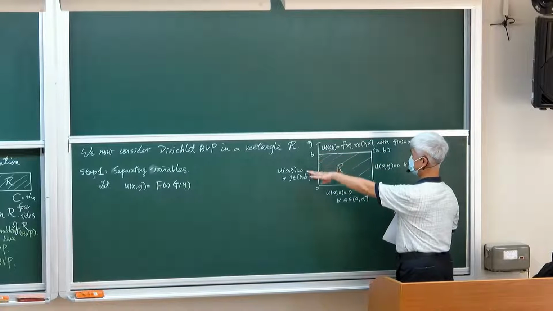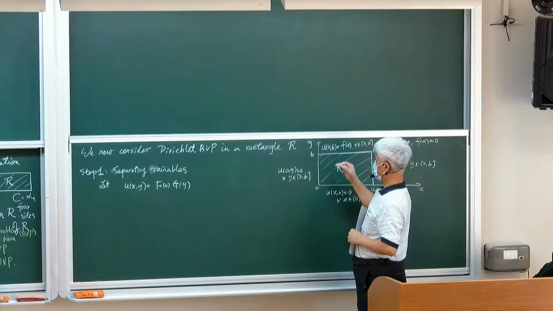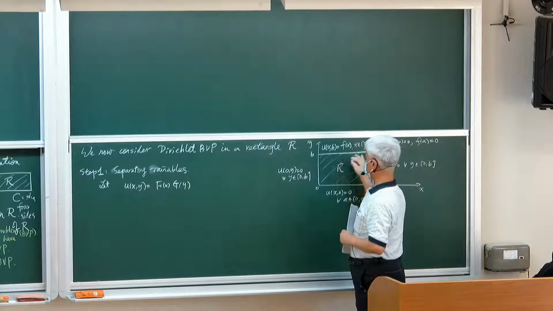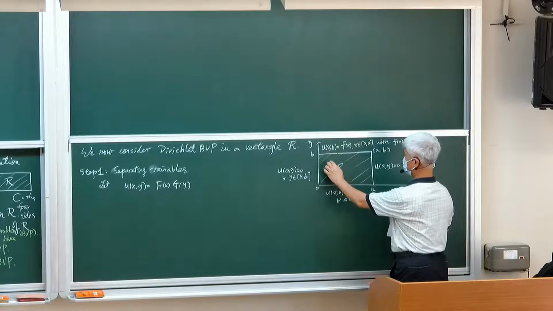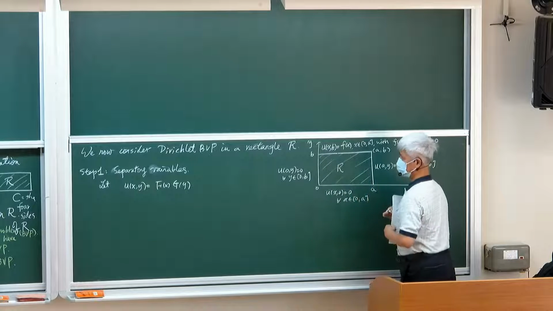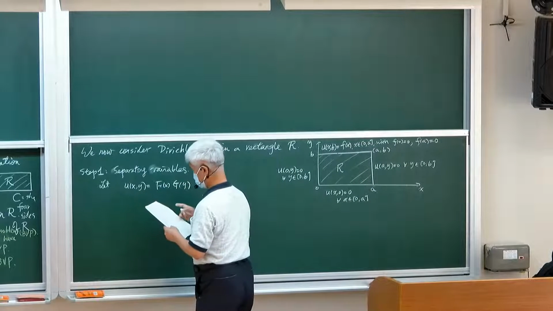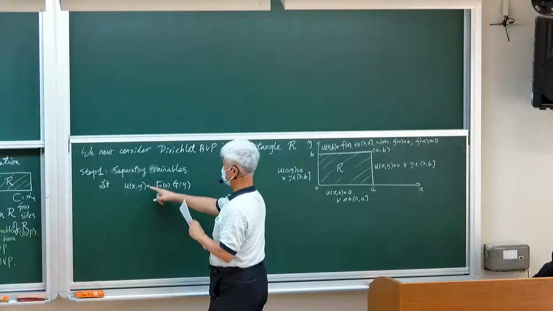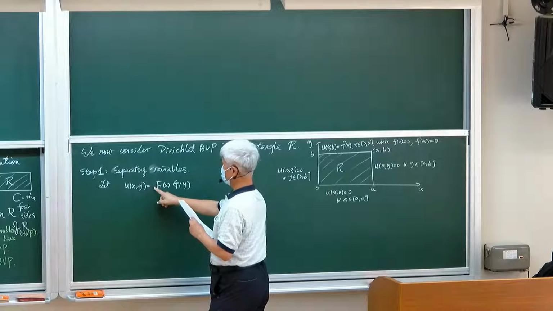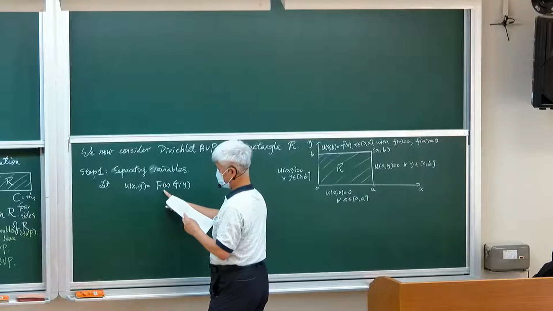So the temperature at each point of this region will be determined uniquely. So separation of variables gives us this way: we let u(x, y) be the product of two functions. One function is of x, the other function is of y.